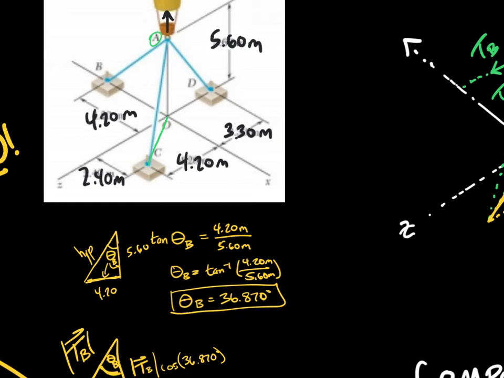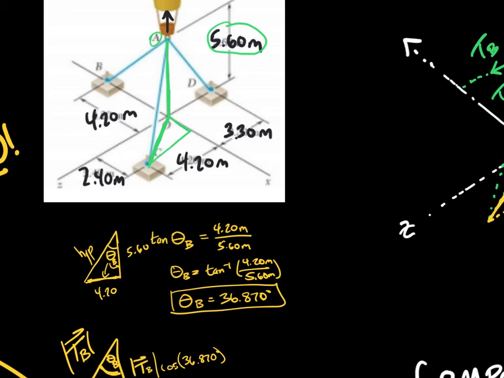So we can work with this triangle exactly like we did the other ones, because we know that this side of this triangle right here is 5.60, based on this. But I don't know this side right here, side OC. So in order to get at that side, I need to make note of the fact that this side right here is 4.20 meters, and this side right here is 2.40 meters.